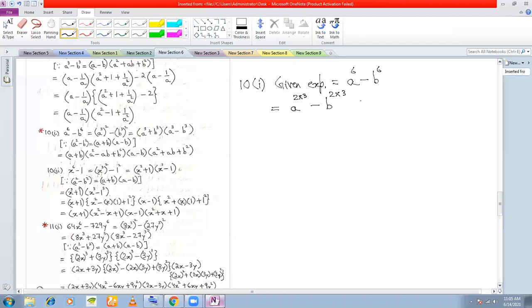Okay. Now I give you two choices. Here, either you can write a to the power of 2 into 3 as a square cube minus b square cube. Either you can write this, or you can write a cube square minus b cube square. Clear? Any question on this step?